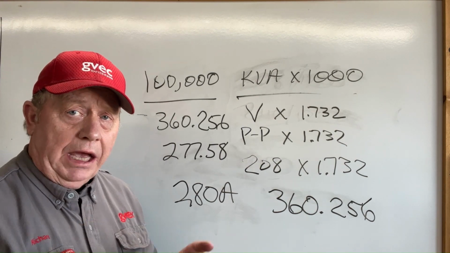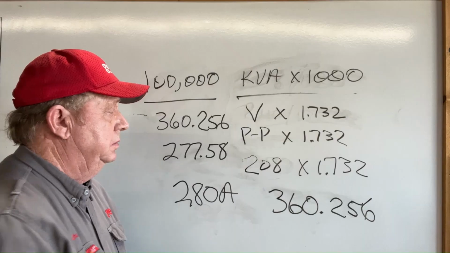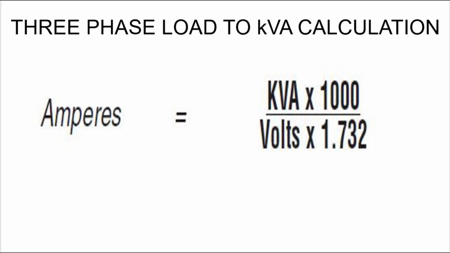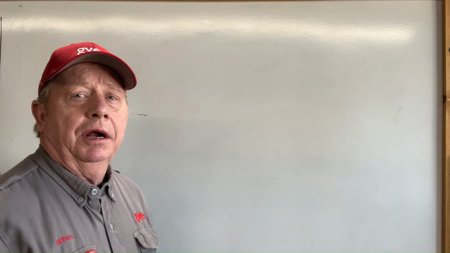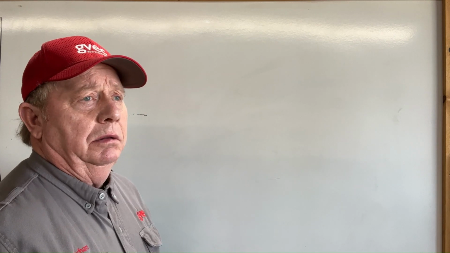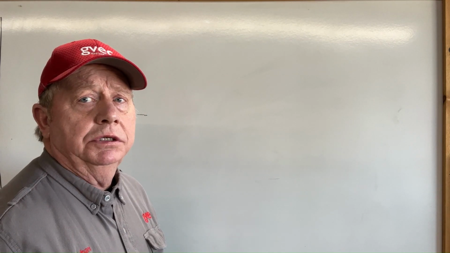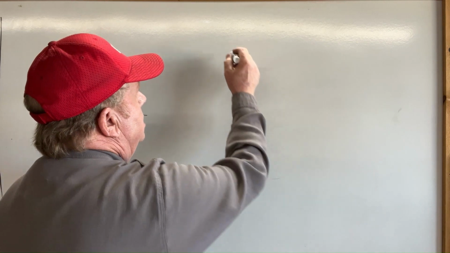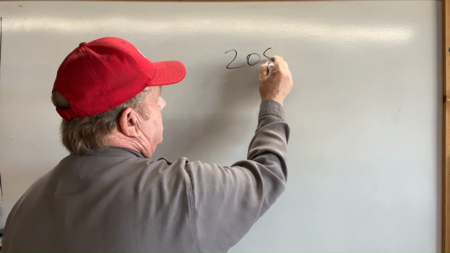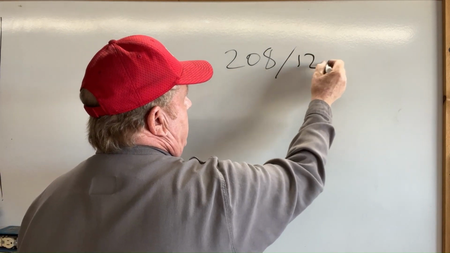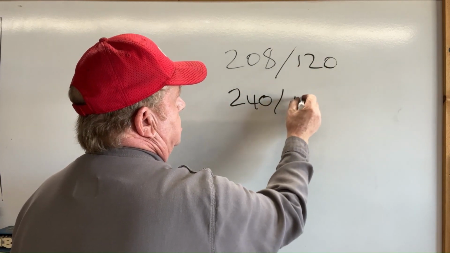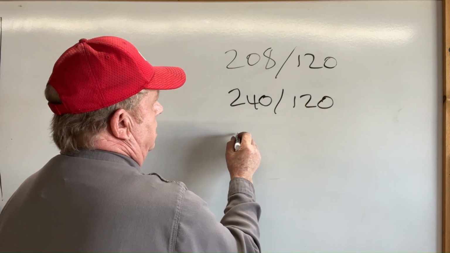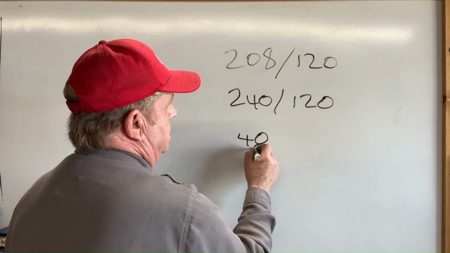Three-phase calculation shortcuts. Earlier, I told you that we had 3 secondary voltages, and they are 208/120, 240 volts/120, and 480 volts.